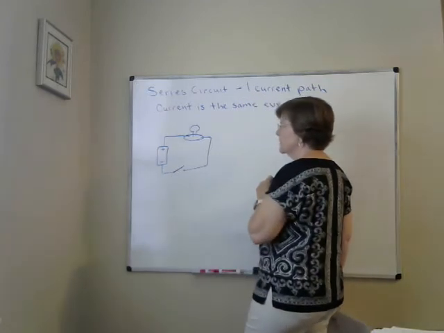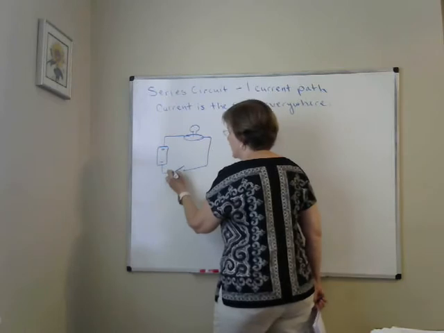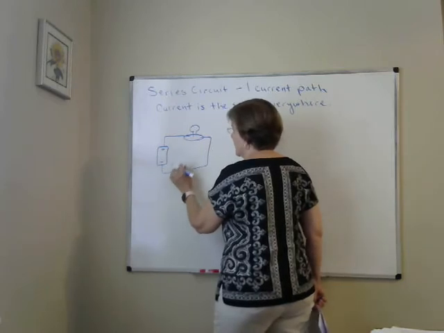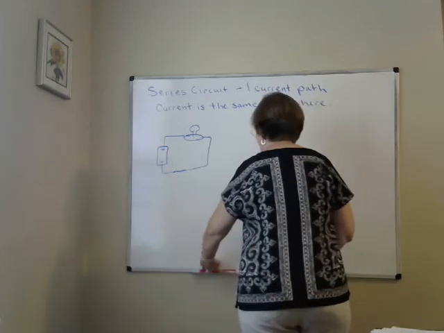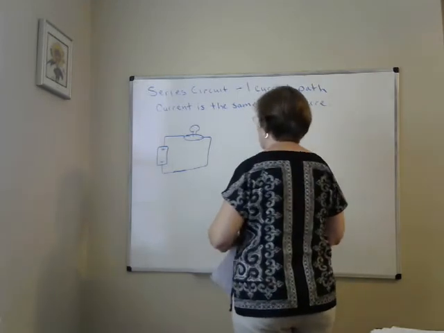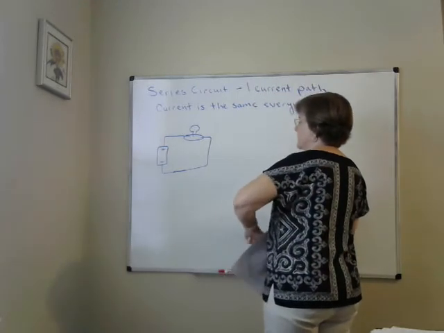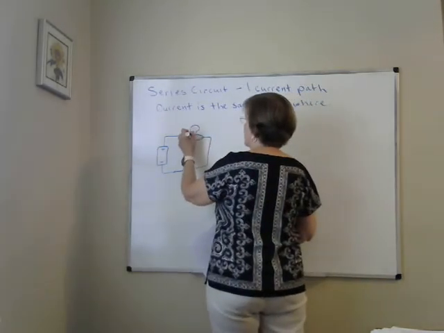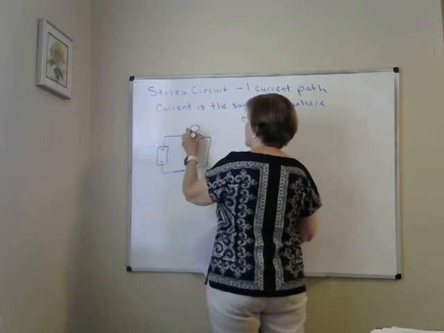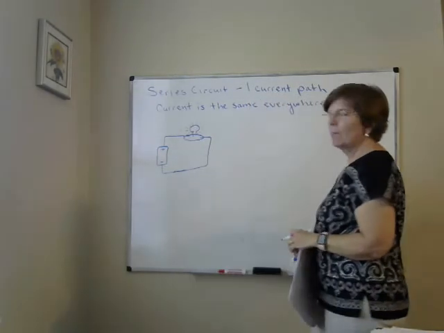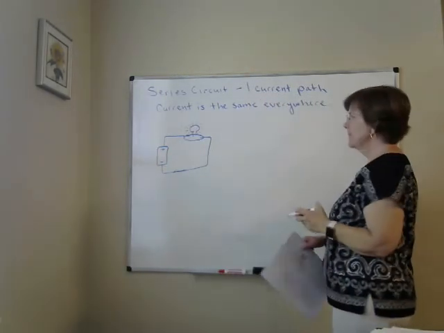That'd be open so no current flows, and then when I close it, the light bulb lights up. Let's suppose that it lights up very, very brightly, and I'm going to put 12 little lines to show how bright it's glowing.